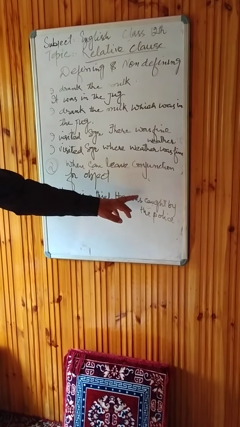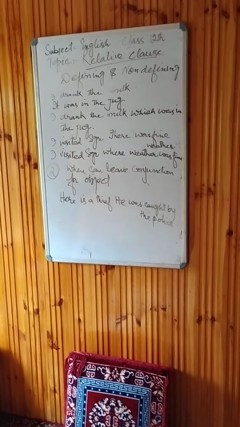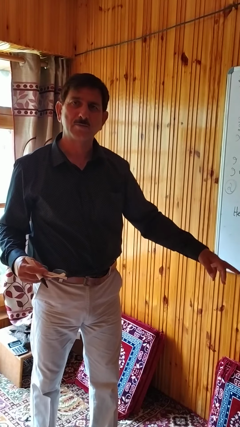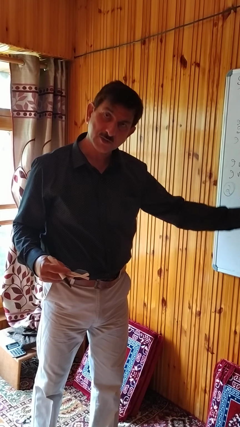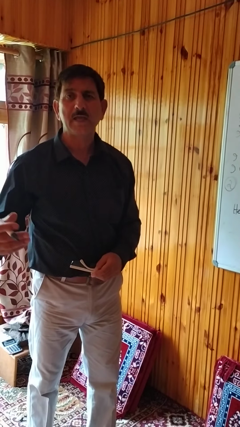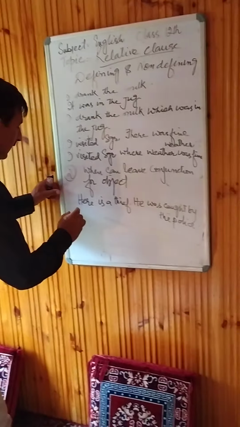Why? The police caught him. One who performs an action is called the subject. Here the police caught the thief, so the thief is the object. For an object we can use whom or that, but we can even leave it out.